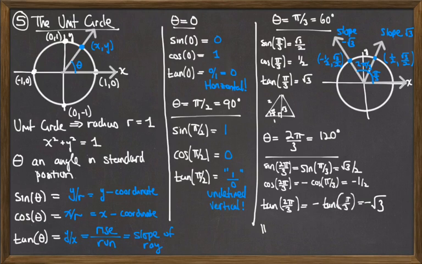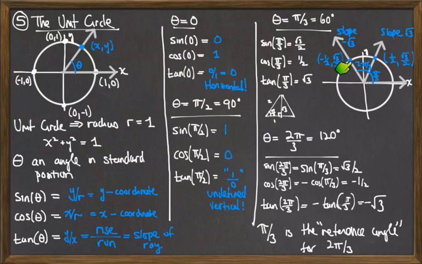And in all these cases, we say that pi over 3 is the reference angle. That's the positive acute angle that has the same symmetry as the point that we're interested in. So pi over 3 is the reference angle for 2 pi over 3. Understanding that tells you what happens for 2 pi over 3.